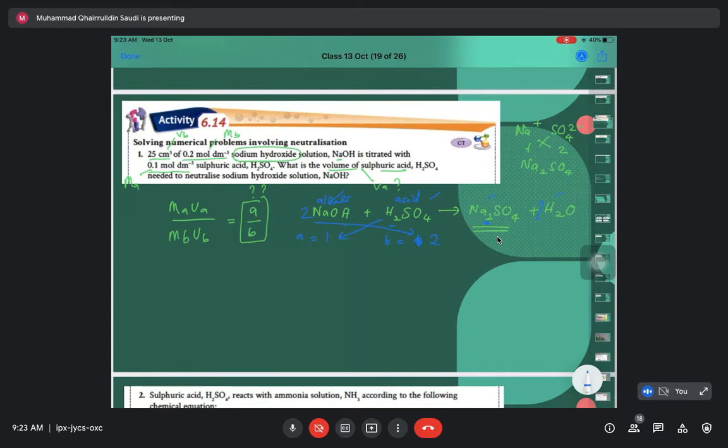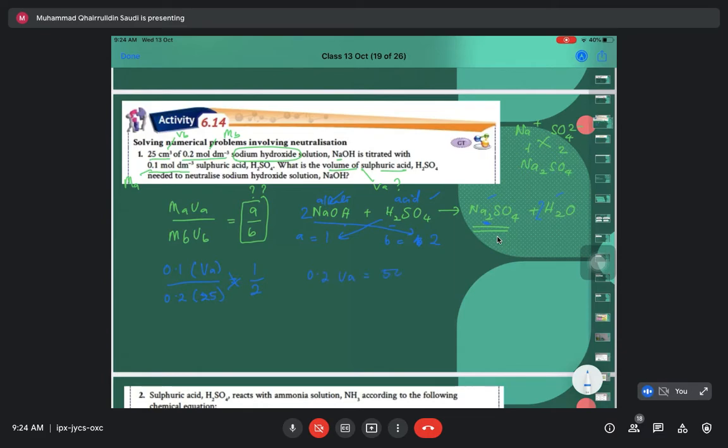Okay? Then only now plug in the values. Ma 0.1 times Va over 0.2 times 25 equal to 1 over 2. So 0.2 Va equal to 50.